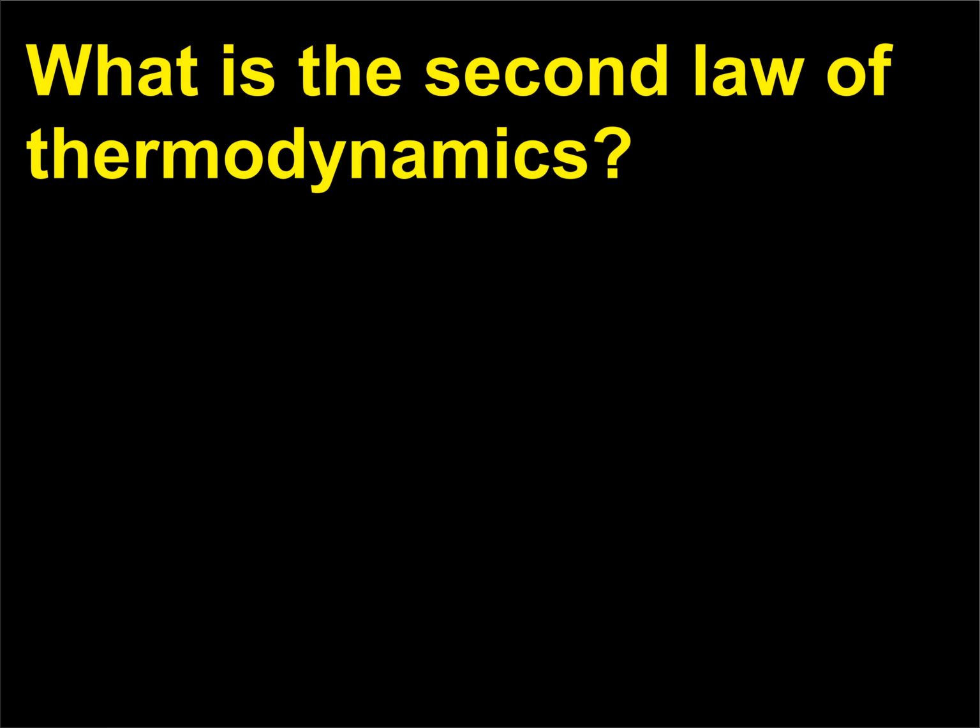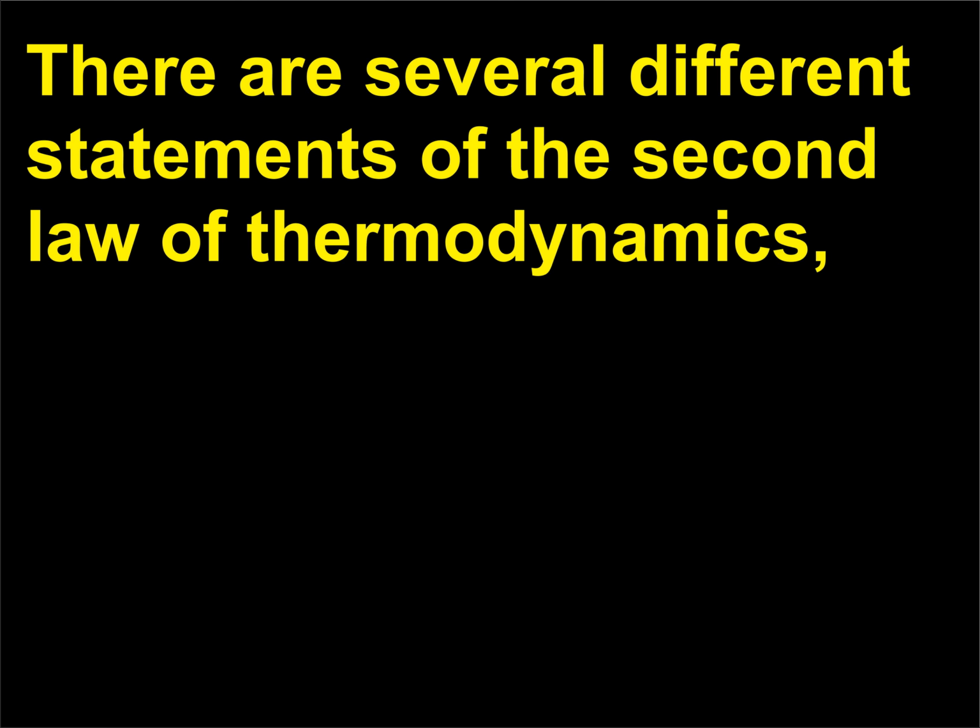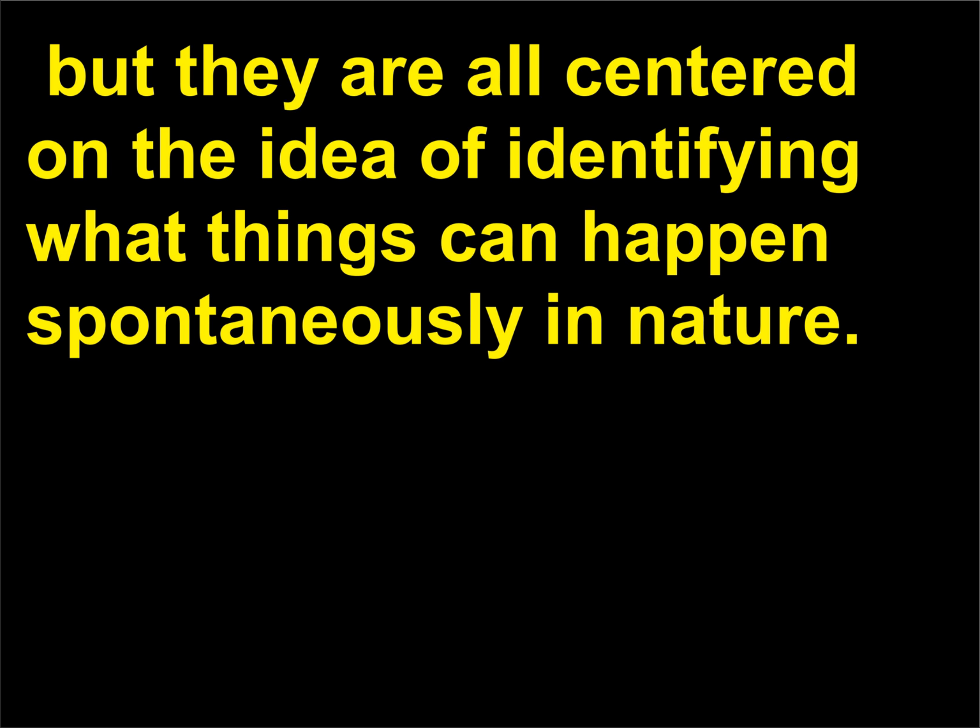What is the second law of thermodynamics? There are several different statements of the second law of thermodynamics, but they are all centered on the idea of identifying what things can happen spontaneously in nature.